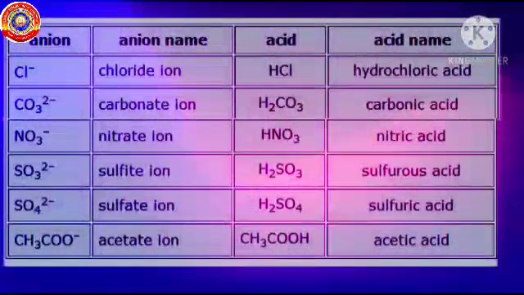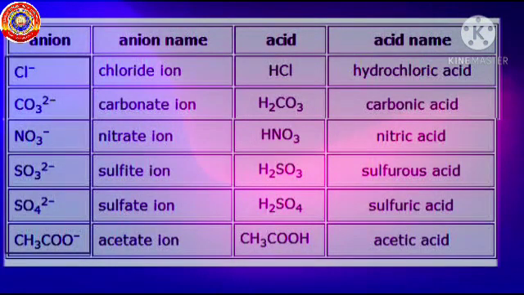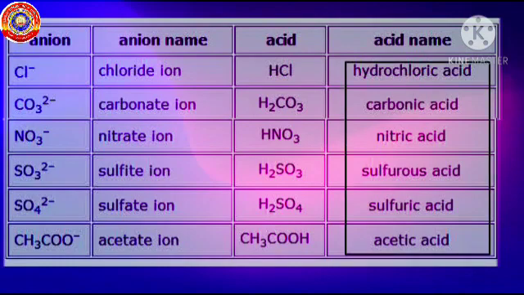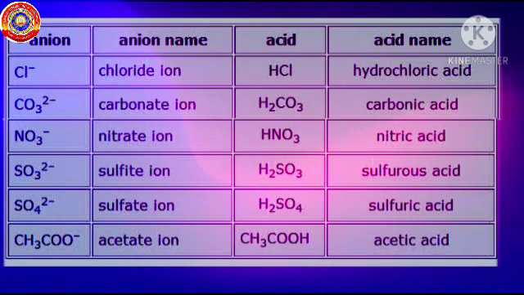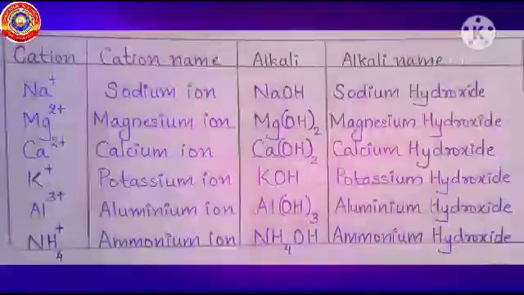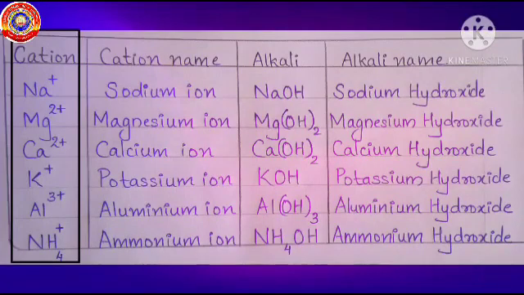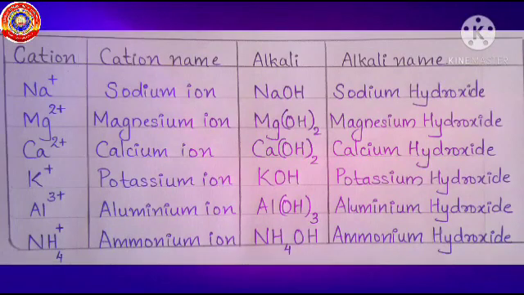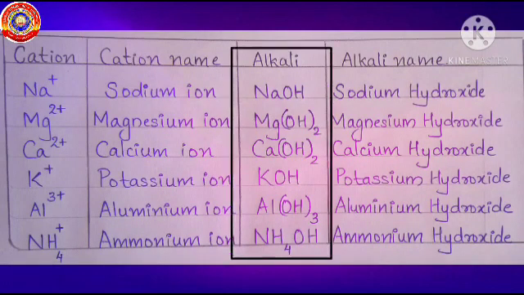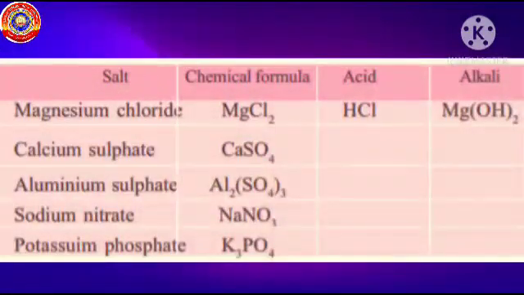If so, we can say that if the chemical formulae of the salt ends with the following anions, then the following will be the acids. Is that clear? Similarly, if the chemical formulae of the salt begins with the following cations, then the following will be the alkalis. Now let's complete the table given in your textbook.